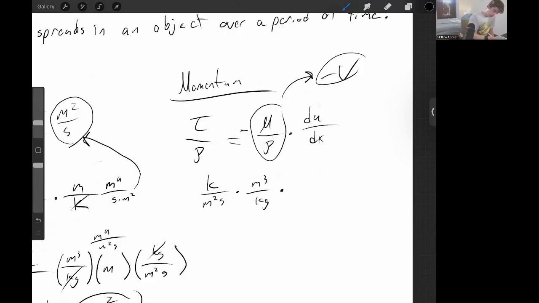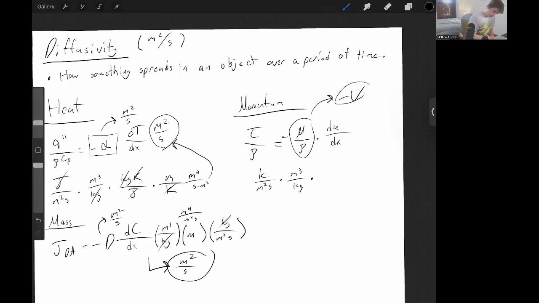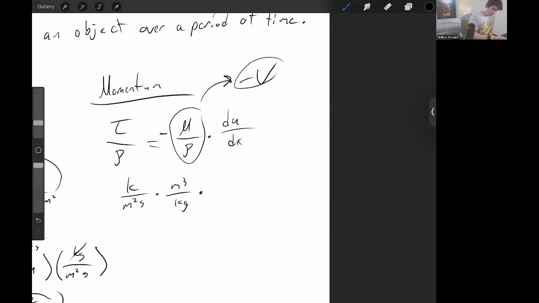And then we're going to do the inverse of velocity, which for meters per second, we would go to seconds per meter, and then multiply by our mass to cancel that out, which gives us m.